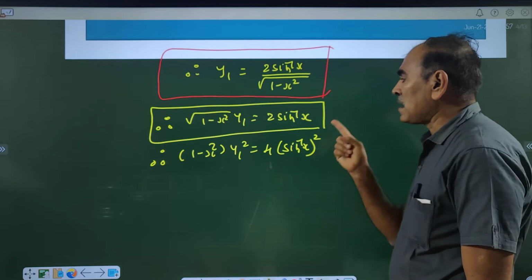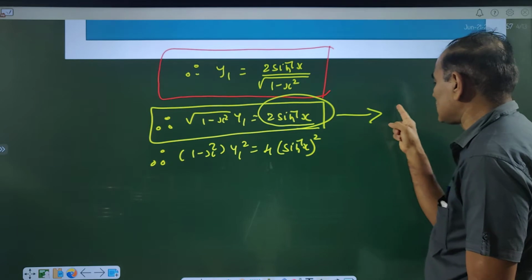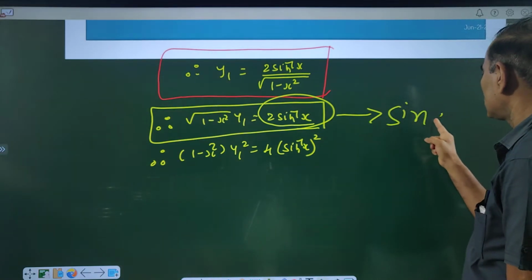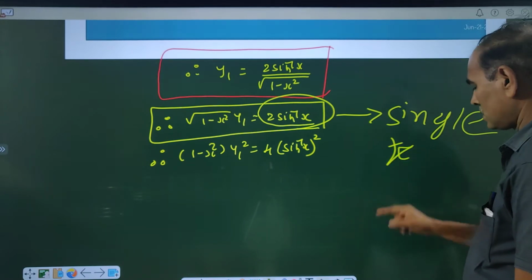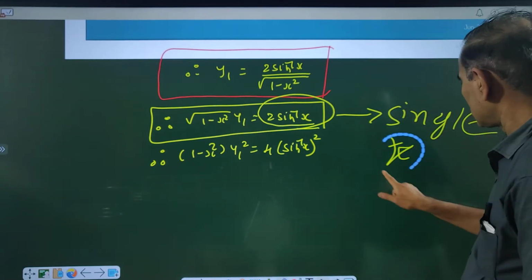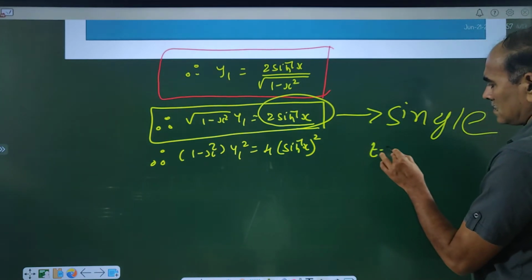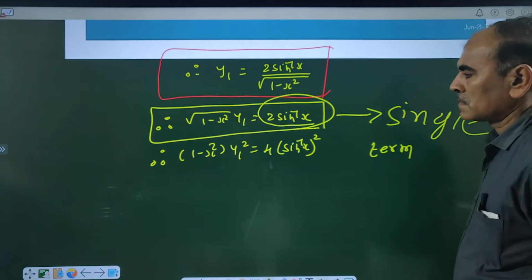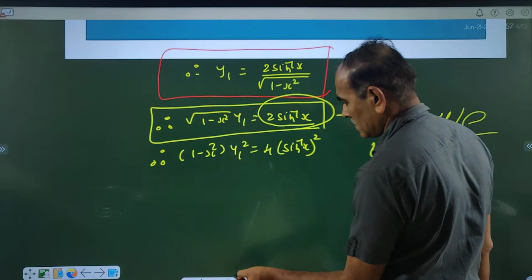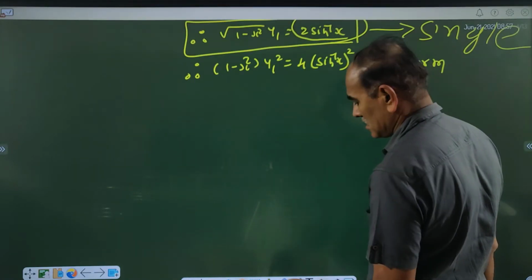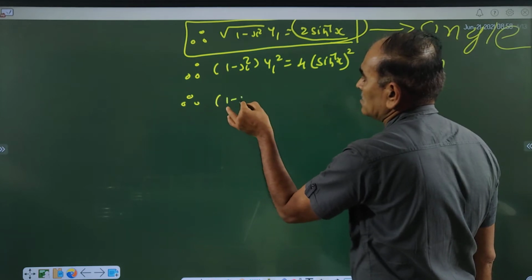Squaring only when the right hand side consists of a single term. Here it is a single term, so we are squaring on both sides.